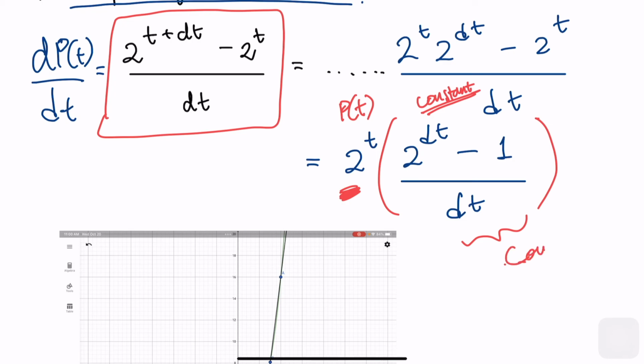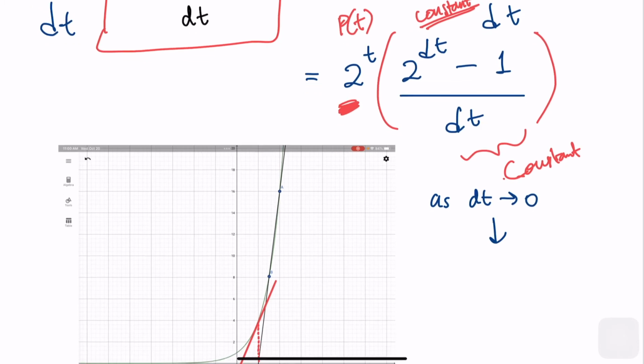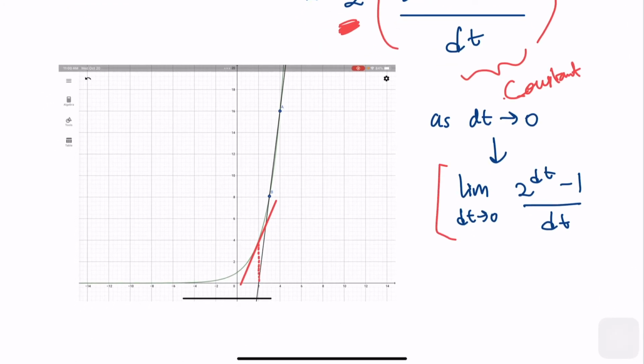So in the limit as dt approaches 0, this will be a constant independent of t itself.